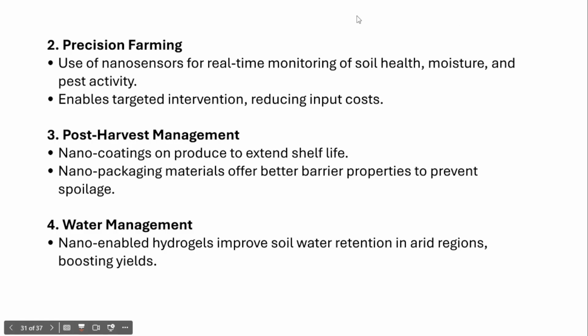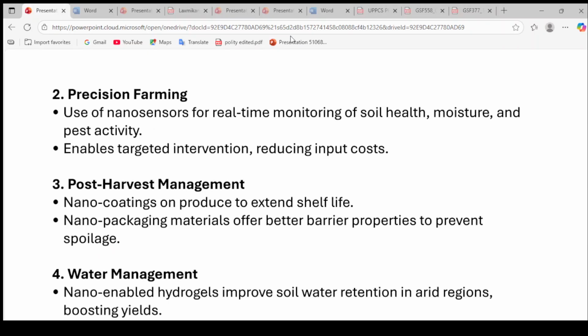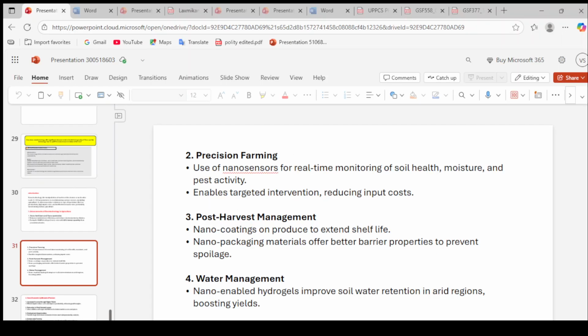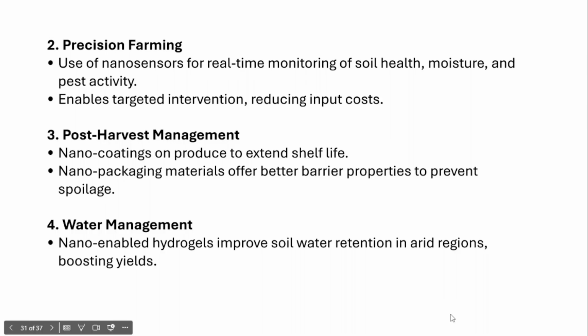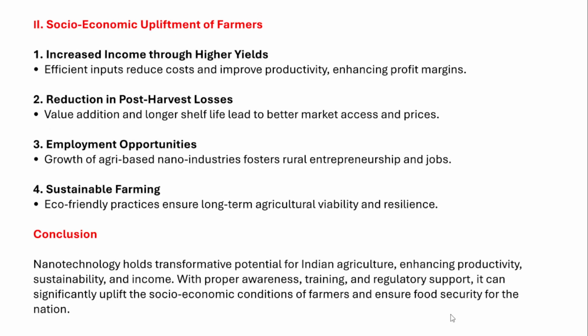And then we should also talk about the other benefits of nanotechnology within the agriculture sector. It will help the upliftment of the farmers, right? Socio-economic upliftment of the farmers, because it increases the income through higher yields.